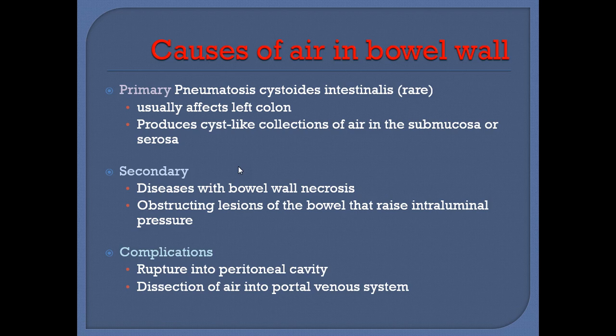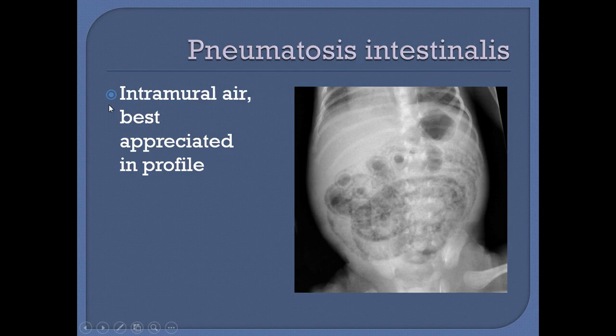It can be secondary to some diseases with bowel wall necrosis or any obstructing lesions of the bowel that raise the intraluminal pressure. Complications are the rupture into the peritoneal cavity and dissection of air into the portal venous system. Pneumatosis intestinalis. You can see the air outlining the serosa.